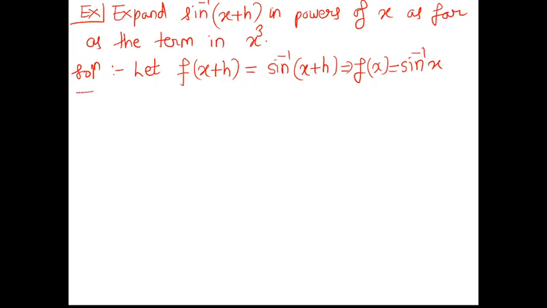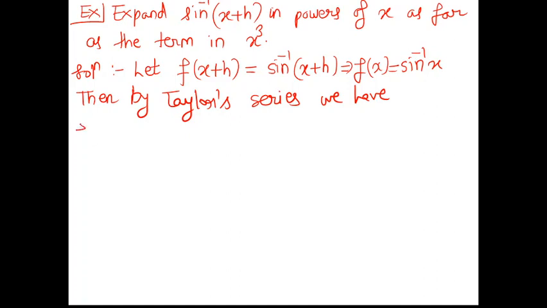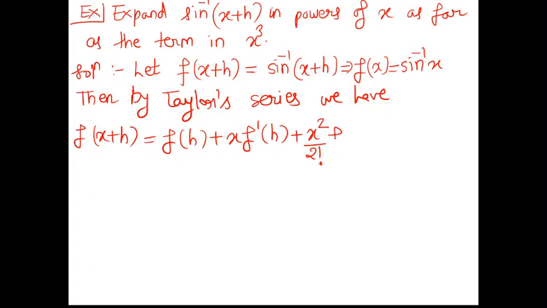So let's first write the Taylor series expansion in the powers of x, then by Taylor series we have f of x plus h is equal to, so powers of x is required, so we have f of h plus x f dash of h plus x square by 2 factorial f double dash of h plus x cube by 3 factorial f triple dash of h and so on.